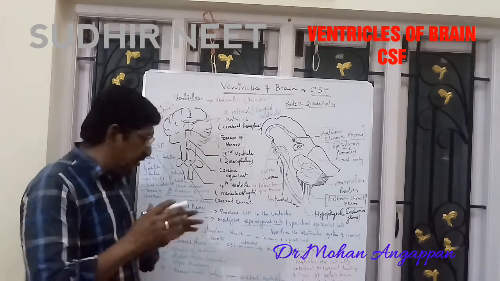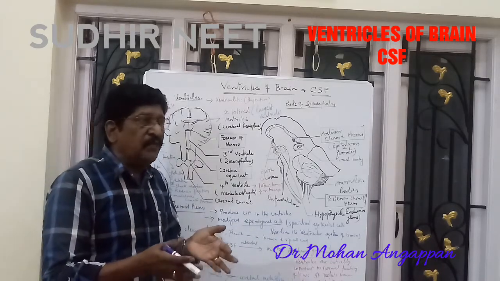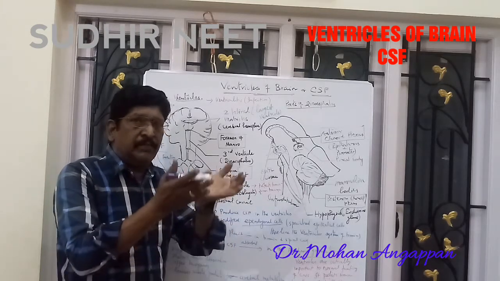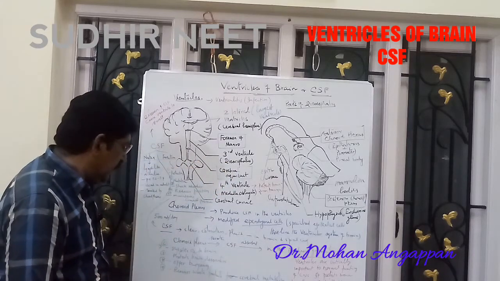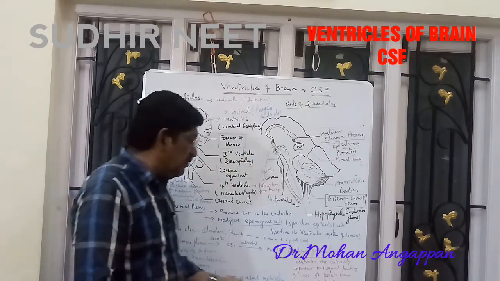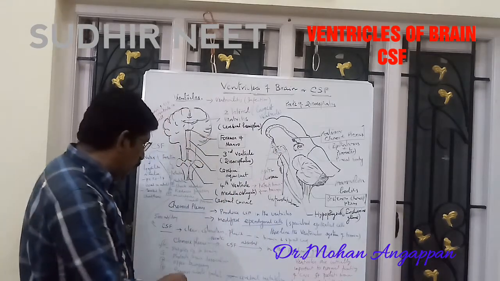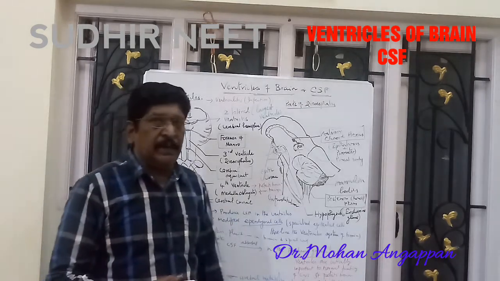It protects from desiccation and offers buoyancy. I already told you it offers buoyancy; the brain is made to float. And then it helps to remove the waste products of cerebral metabolism.